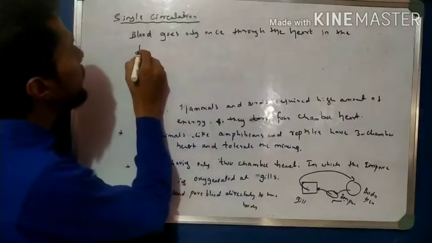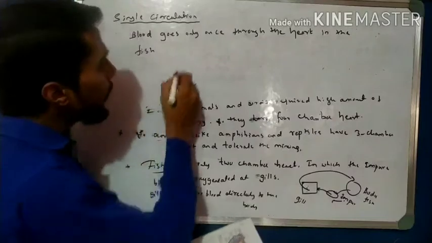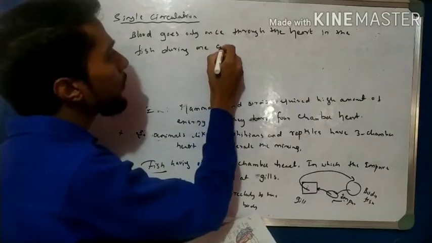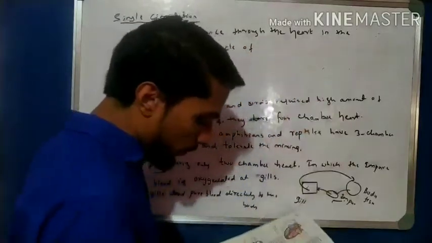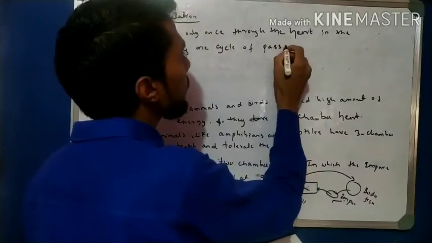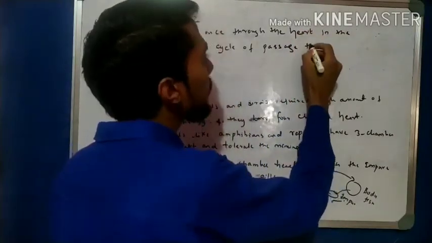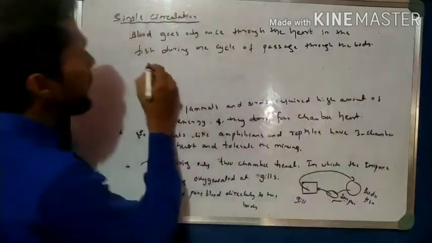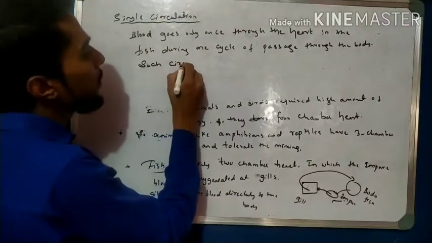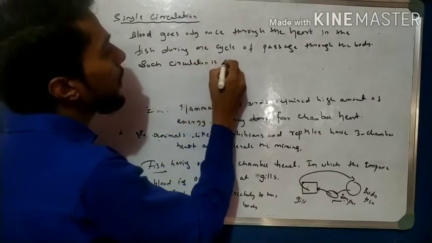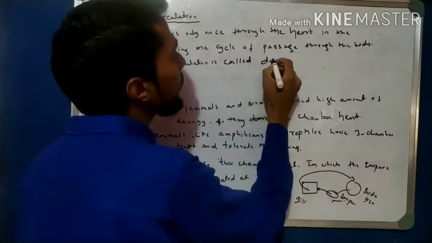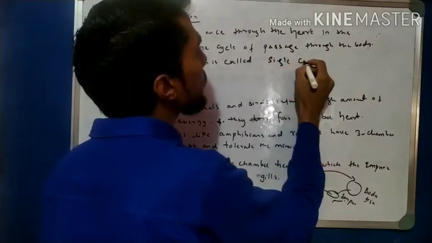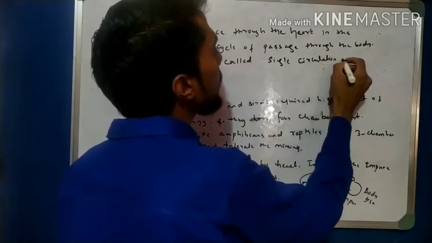In the fish, during one cycle of passage through the body, right? Such circulation is called single circulation. Single circulation of blood.